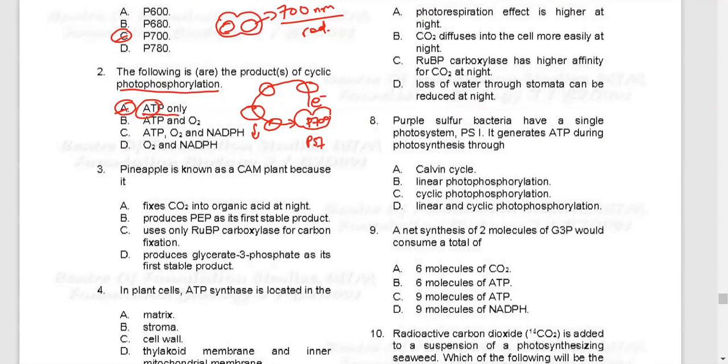Question 3. Pineapple is known as a CAM plant because it fixes carbon dioxide into organic acid at night. So for a CAM plant, the stomata will open during nighttime so that the carbon dioxide can enter into the leaves and can be fixed during the nighttime.